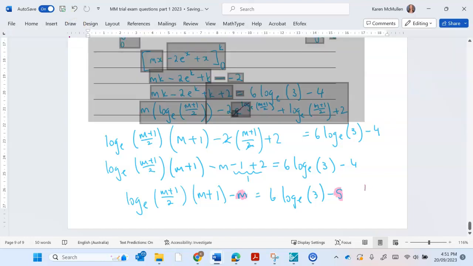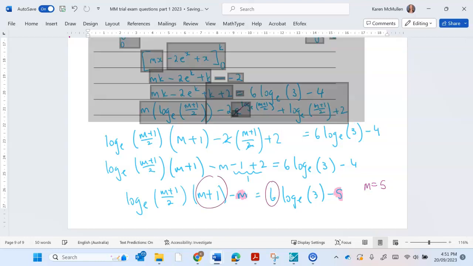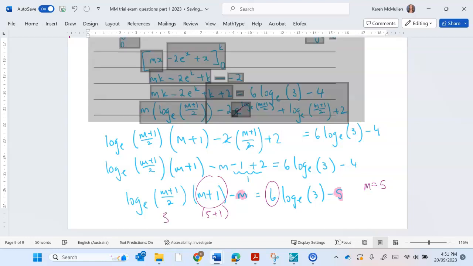If I substitute m equals 5 in, then my left-hand side should equal my right-hand side. So I've got 6 here, so here's my multiplier. 5 plus 1 gives me 6. Awesome. And then if I put 5 into here, we get 3. So that's good. So m is equal to 5.